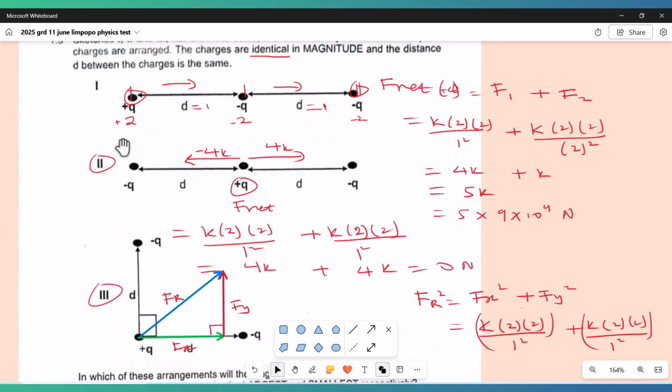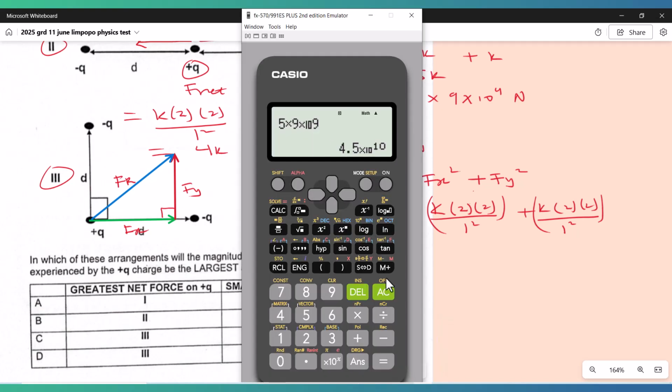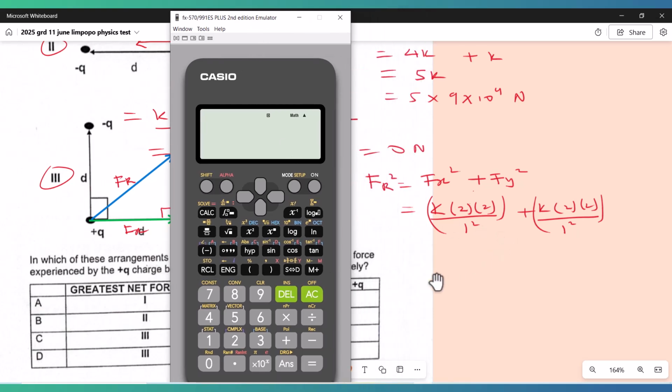Now if I get my calculator, and I don't forget our K, it is 9 exponent 9. Let's check with our calculator. I put in my values. Because of the squares, I'm going to find the square root.